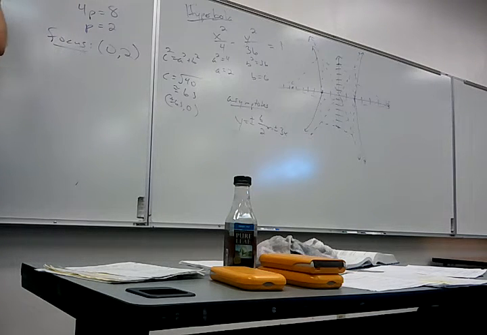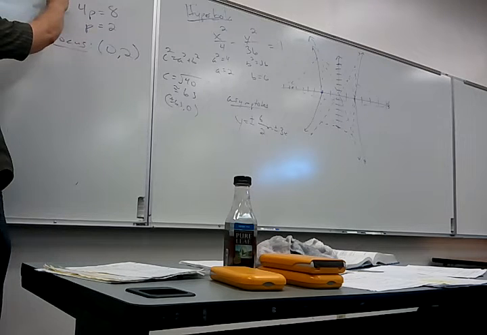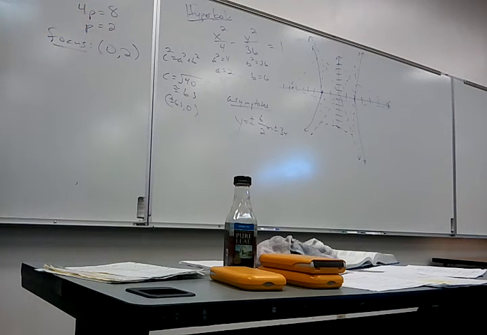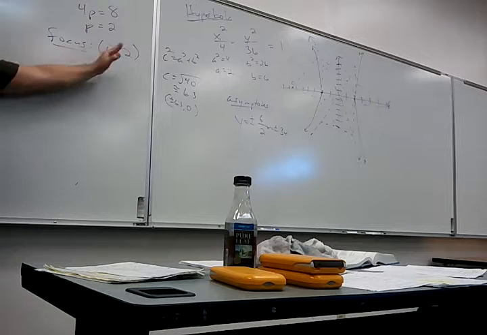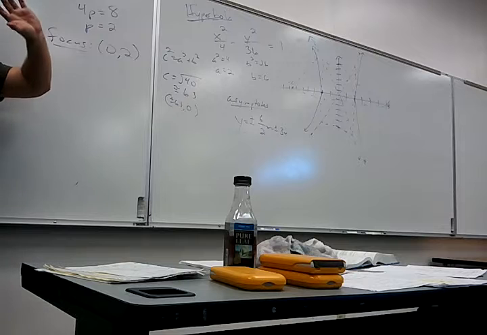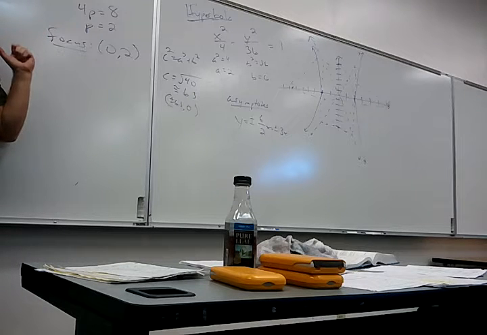I know this is going to open this way, and the focus has got to be in here somewhere. If it was y squared equals 8x, it would open this way, and the focus would have to be on the x-axis, so I would have put 2, 0. I desperately want to make it so I don't have to memorize as much as it seems like I do.